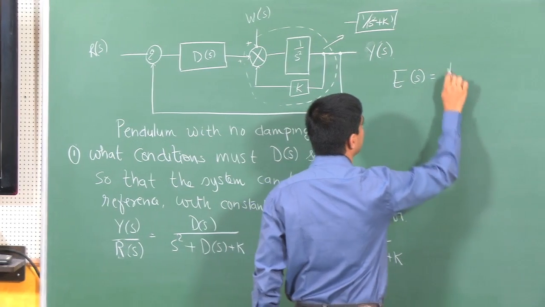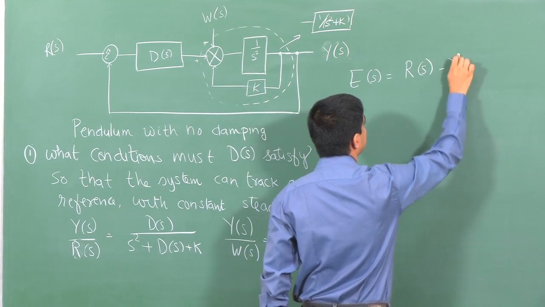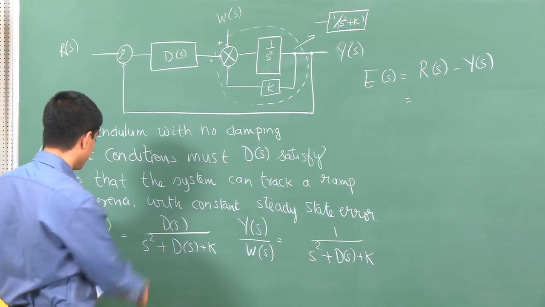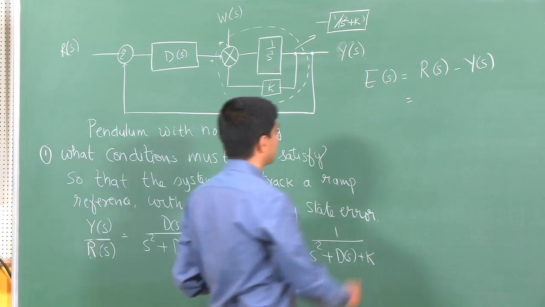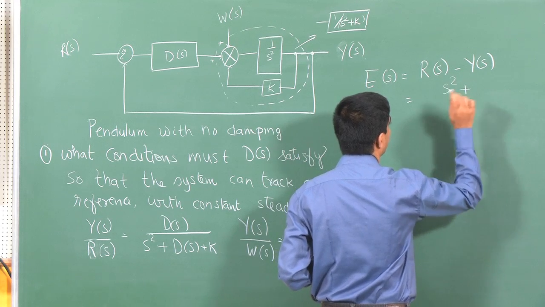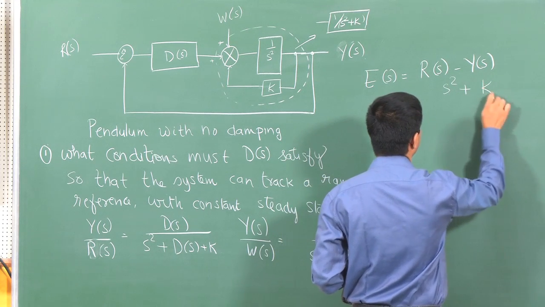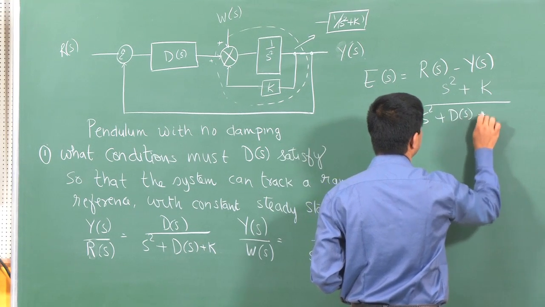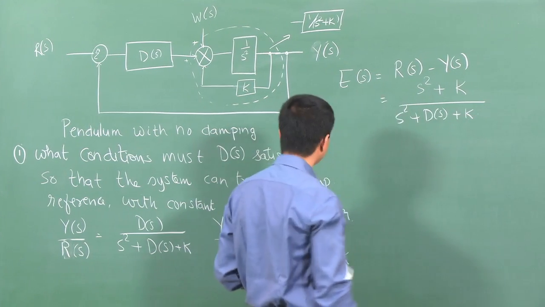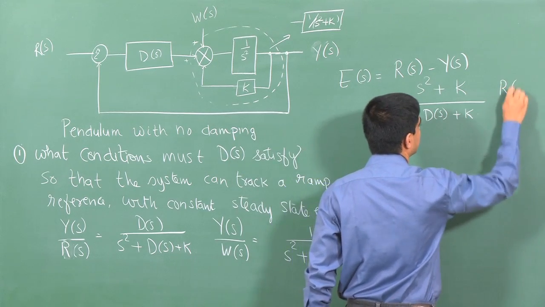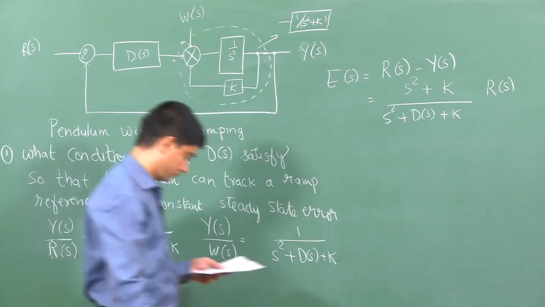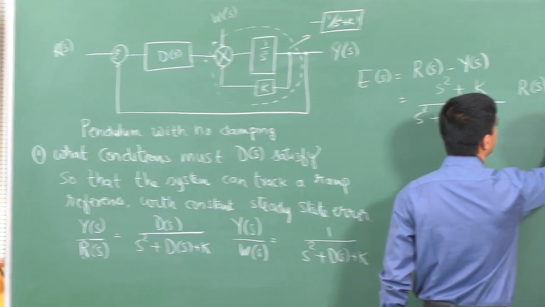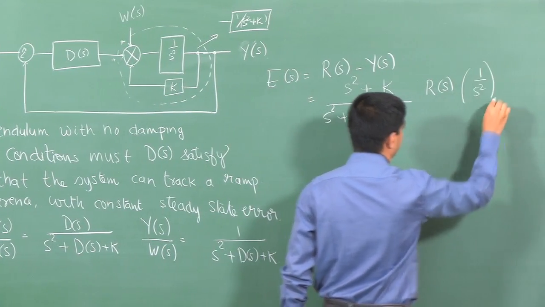what is the error? Error is the reference minus the actual output. So in this case, the error would simply turn out to be s square plus k over s square plus D of s plus k, times R of s. Now for a ramp, this would be 1 over s square.